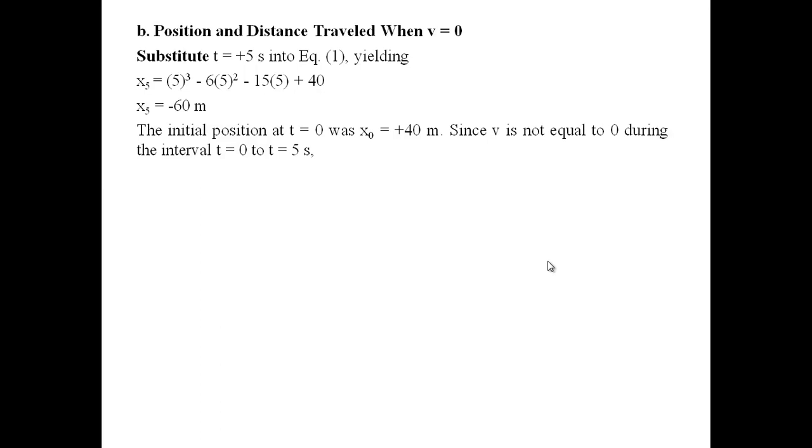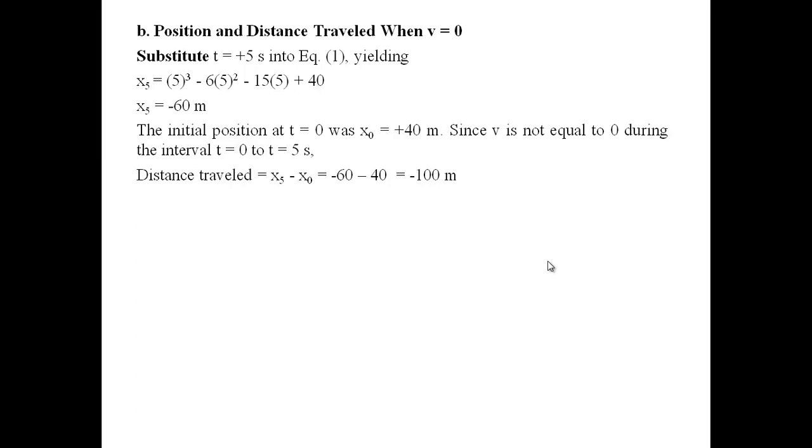Since the velocity is not equal to 0 during the interval t is equal to 0 to t is equal to 5 seconds, we have to calculate the distance traveled, x5 minus x0, that is the position when time is equal to 5 minus the position when time is equal to 0.